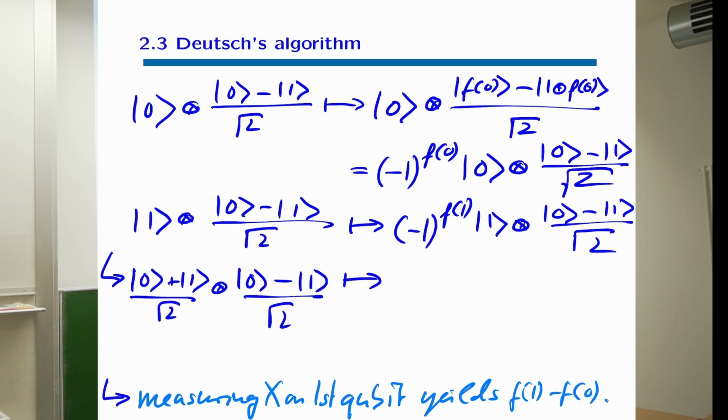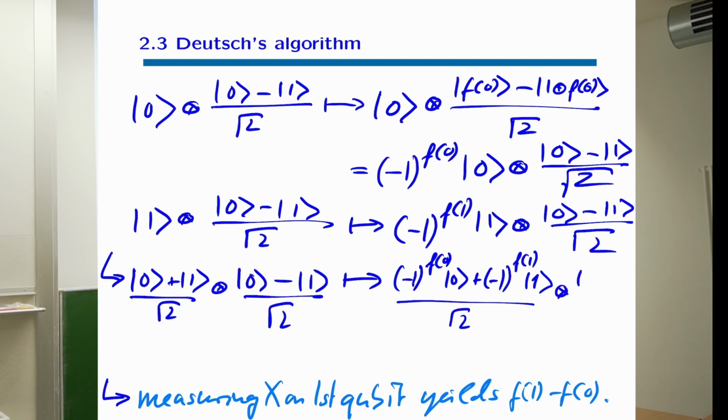So what we are getting here is (-1) to the power f of 0, 0, plus (-1) to the power f of 1, 1, divided by square root of 2, tensor 0 minus 1 for the second qubit. Okay, good.